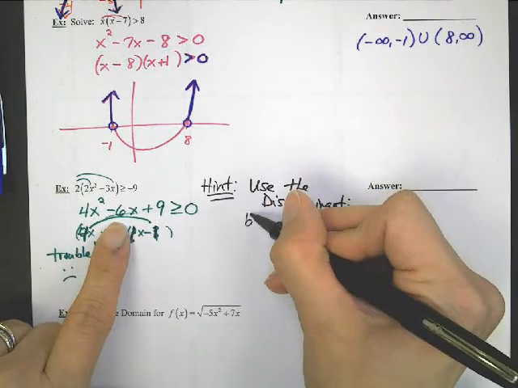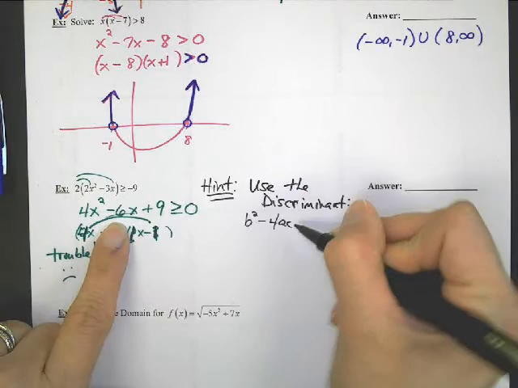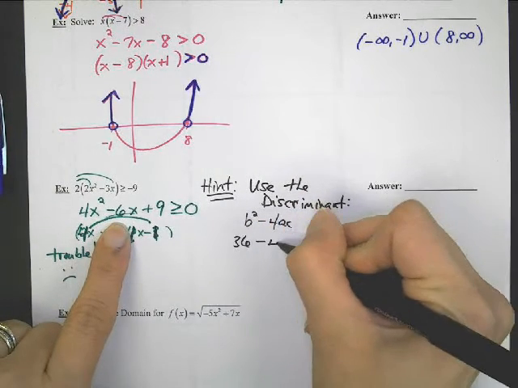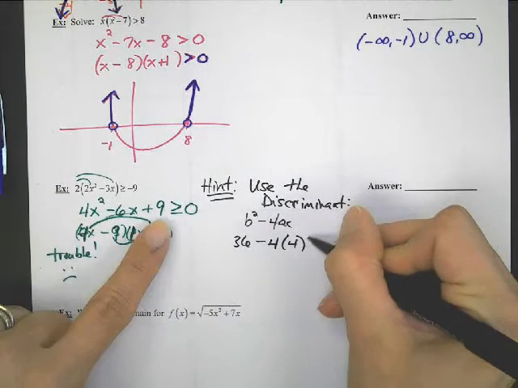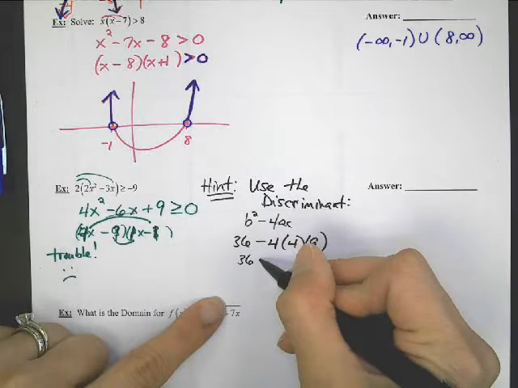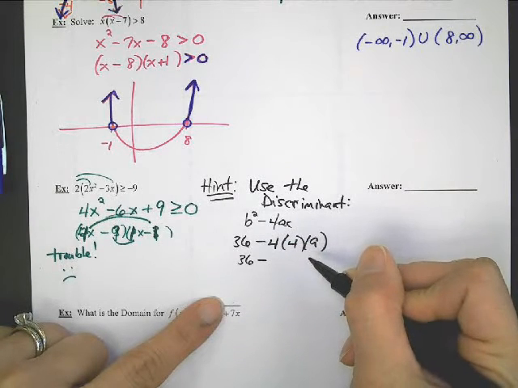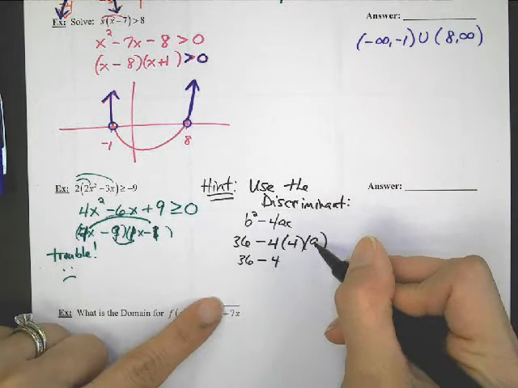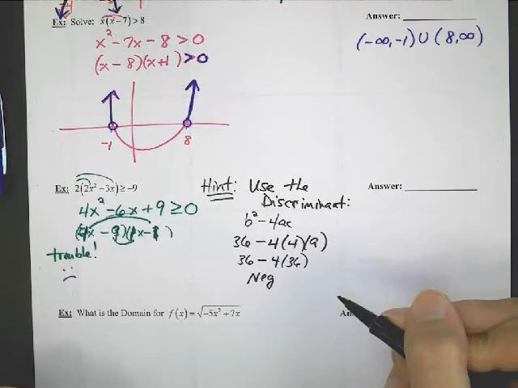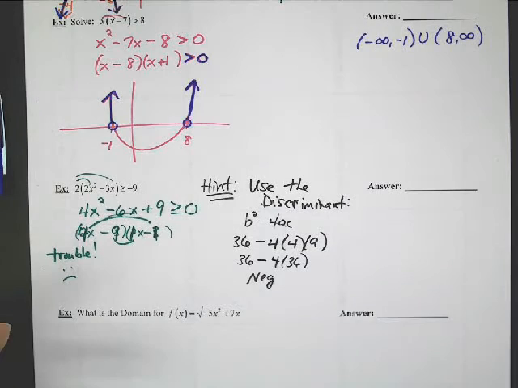B squared minus 4ac. So b squared is going to be 36 minus 4 times a 4 times a 9. Well, 9 times 4 is 36. Oh, this is coming out negative. Oh my goodness, what's happening here?